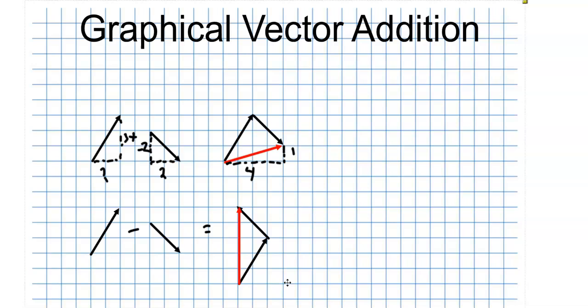And you could also go through, I think these are actually easier to do with the components, because when you identify the components of these, changing the direction is maybe even easier than trying to do it graphically. Okay, so this would be 2, this would still be 3, this would be 2, and this would be negative 2.